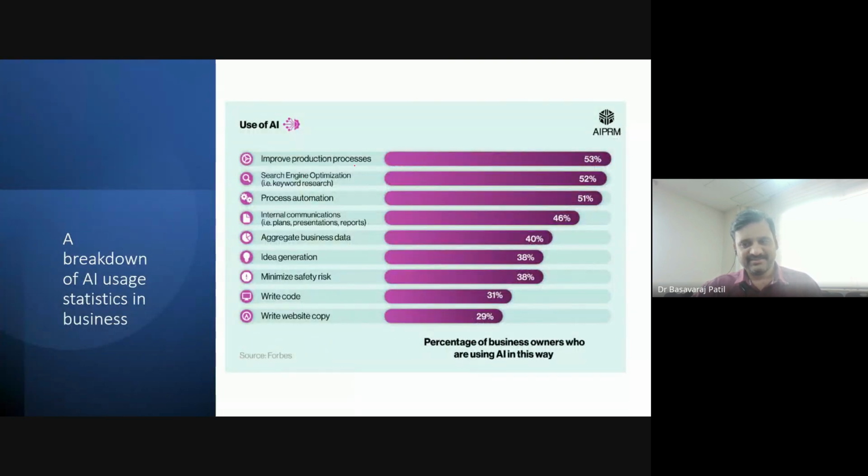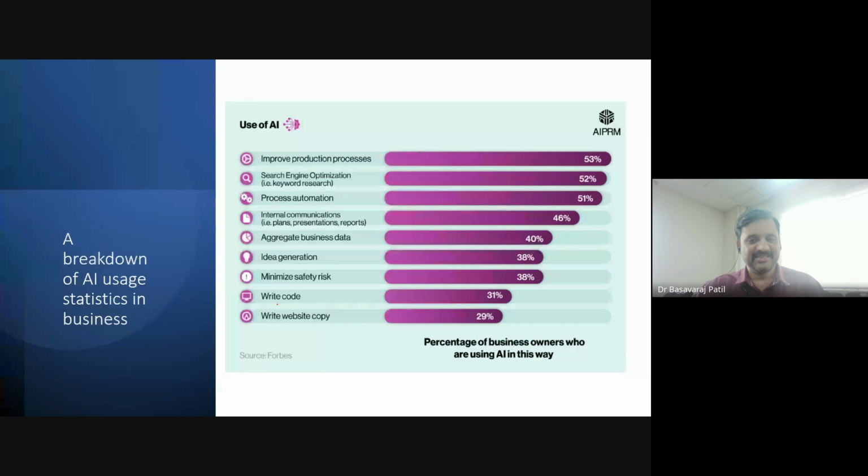Then, similarly, business owners think in a different way. What percentage of owners, as a developer or as the owner of the company, for what purpose would I be using AI? The lesser percentage is for building web-based applications.